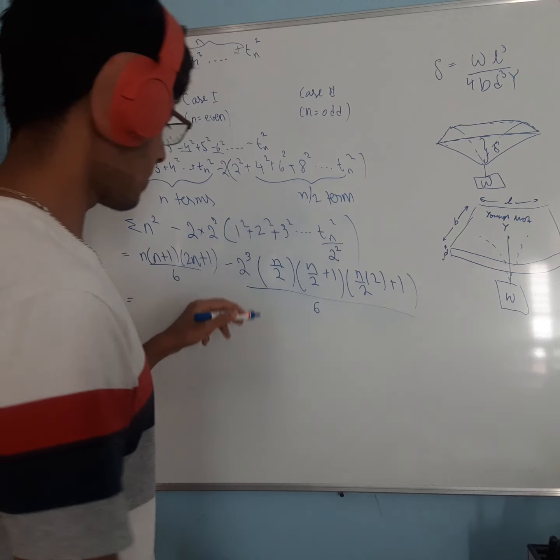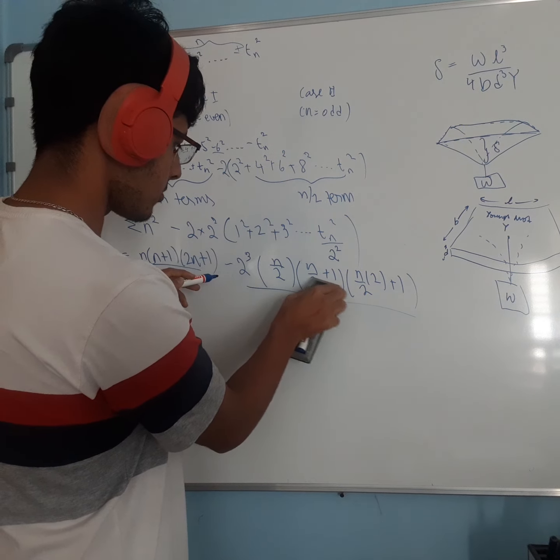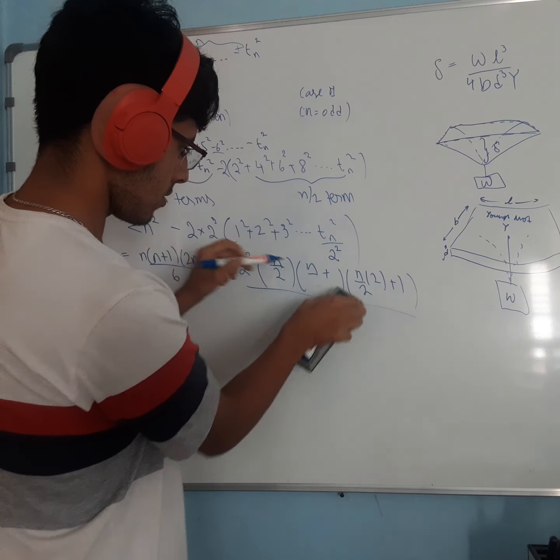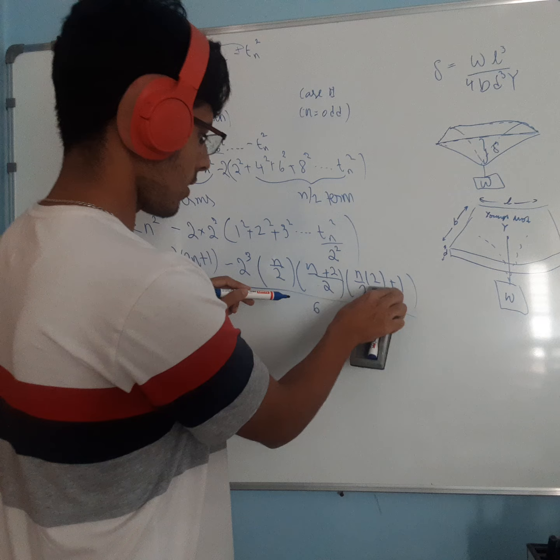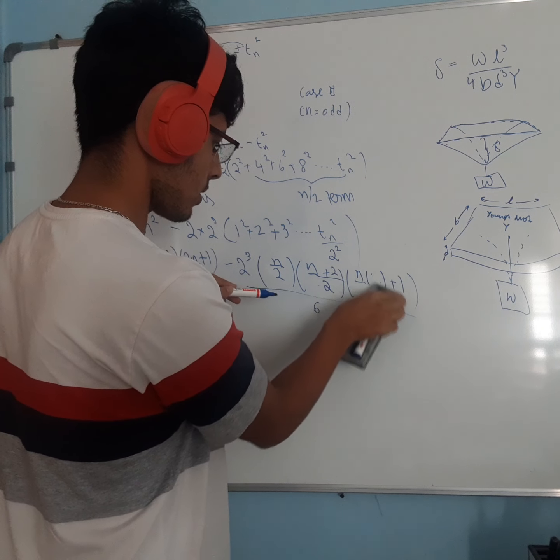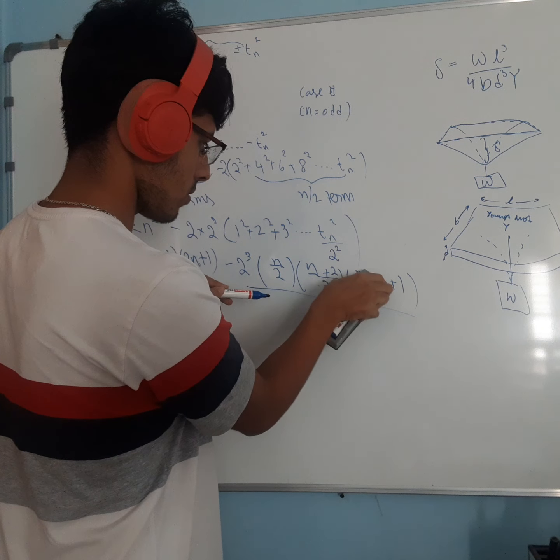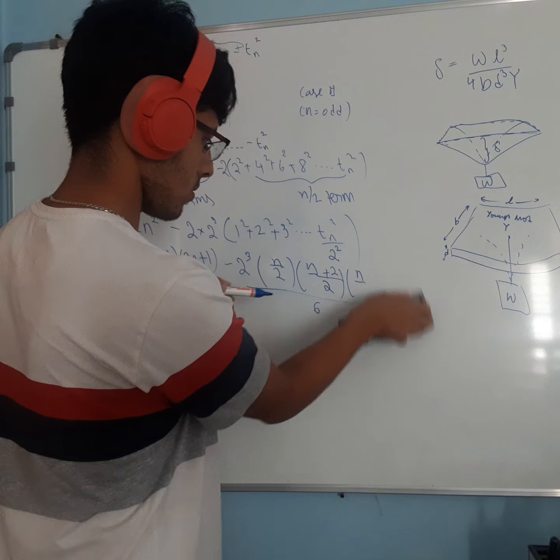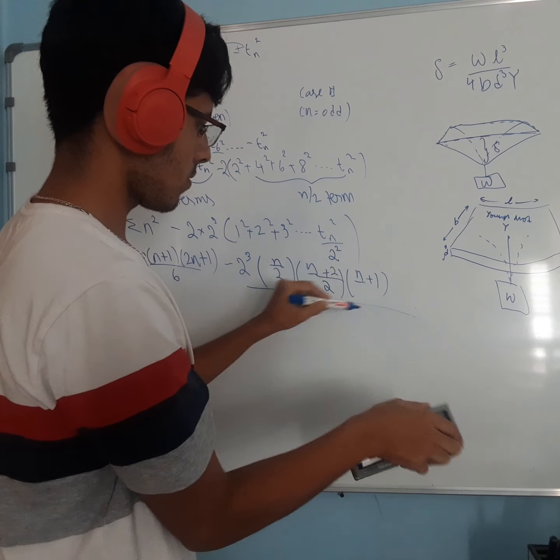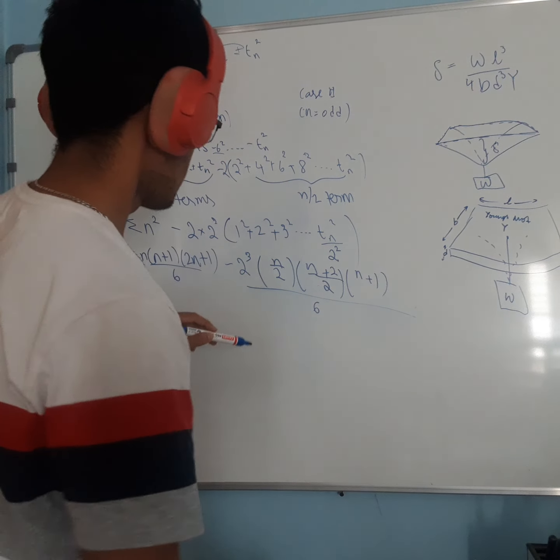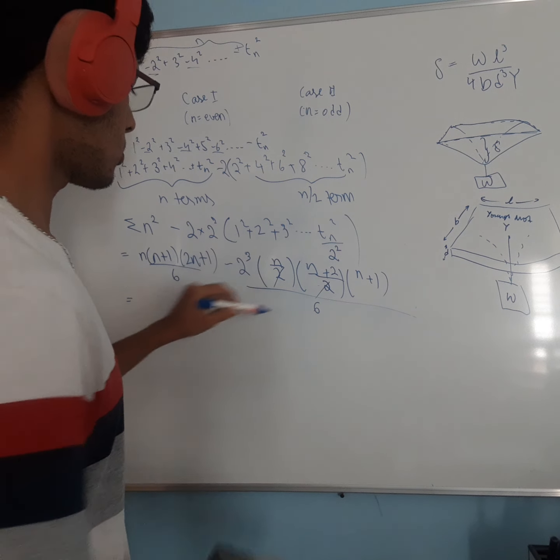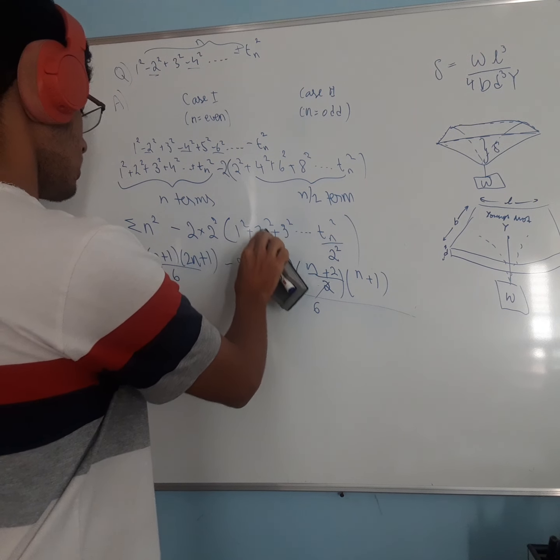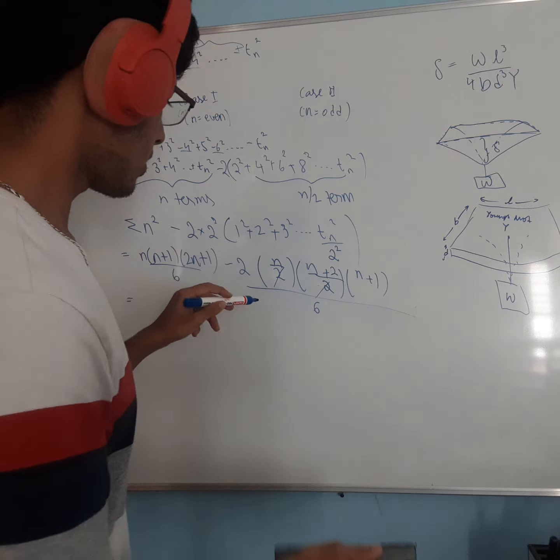And if you want to simplify this, you can take LCM over here. And these two just cancel out. And yeah, you can cancel these both, and this just becomes 2.